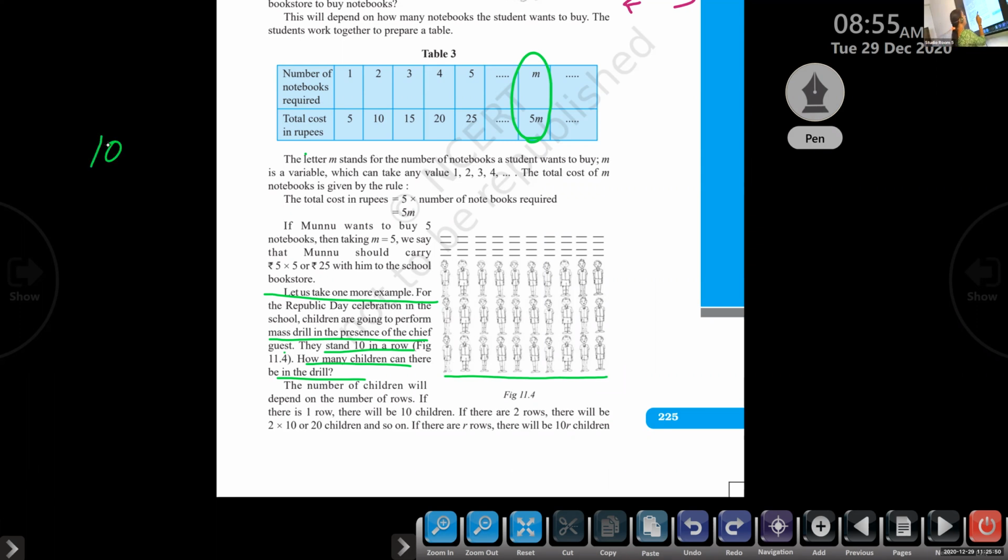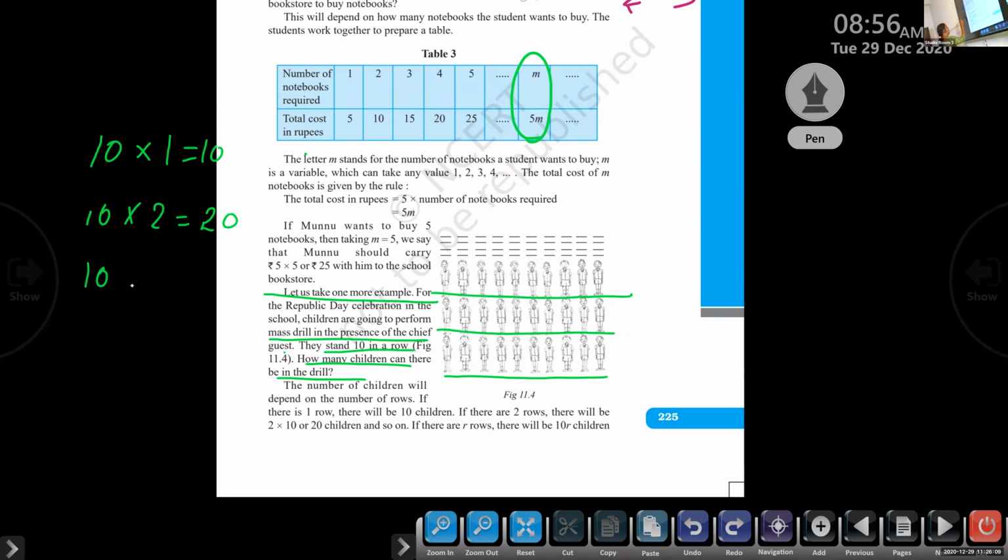Now, one row, how many children will be there? 10. When we take 2 rows, how many children will be there? 20. When we take 3 rows, how many children will be there? 30. Which is the constant here? 10. Which is the variable here?